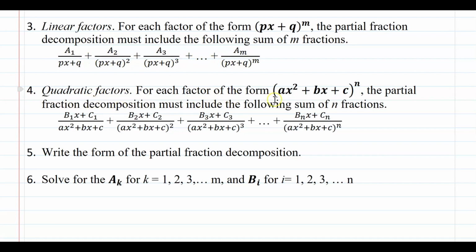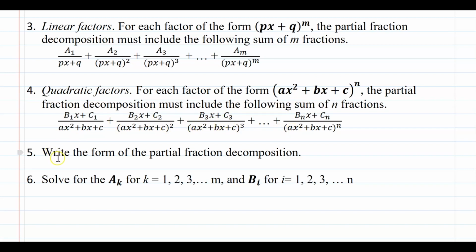And for each factor of the form (ax squared plus bx plus c) raised to the power n, the partial fraction decomposition must include the following sum of n fractions of this form. So if you have quadratic factors, then you will include this form in your partial fraction decomposition.